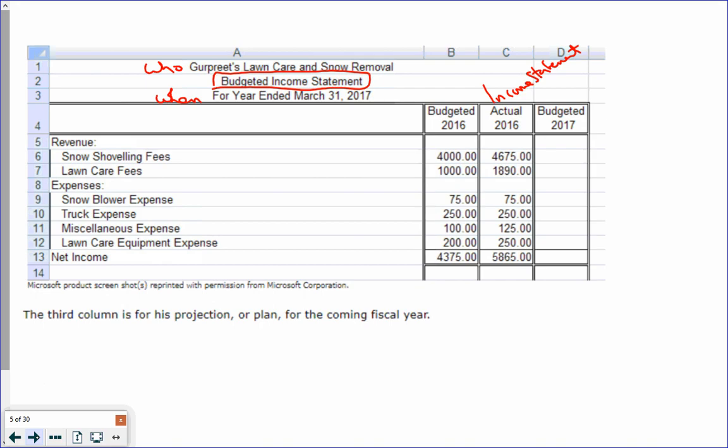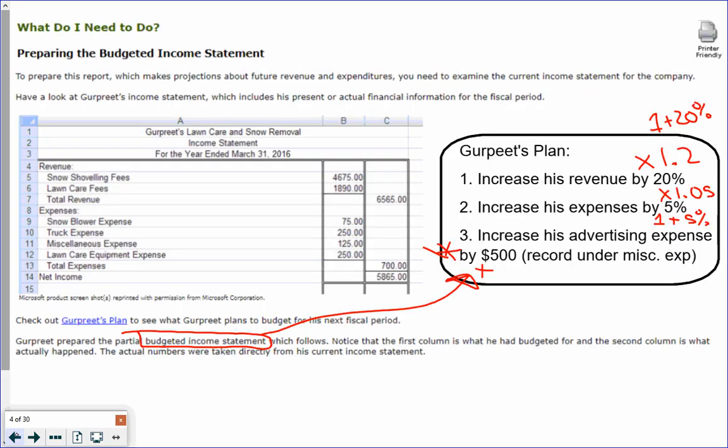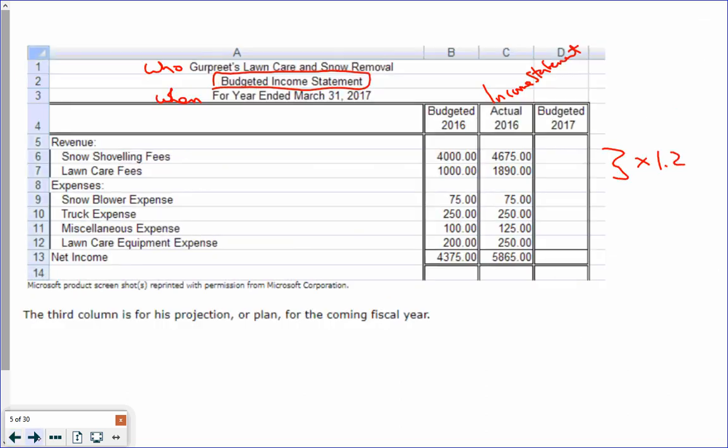So the revenues, these are going to get times by 1.2. Which one was it? So increases advertising expense by 500, recorded under miscellaneous. So miscellaneous, we're going to add 500, and all the rest, we're going to times by 1.05.